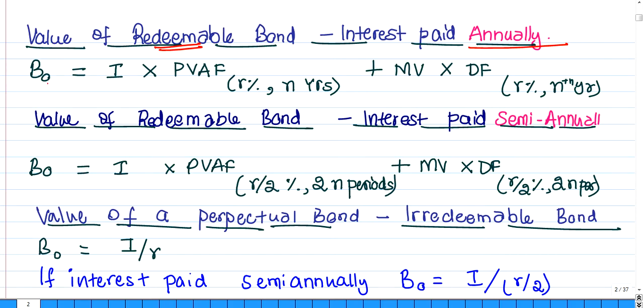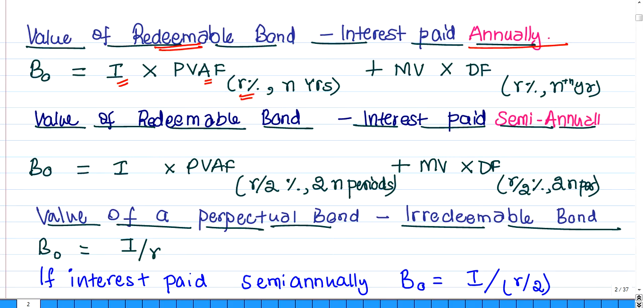B0, denoted as the valuation of the bond, is equal to I, which means regular interest, into the present value annuity factor. This is the interest as per the coupon rate. Why annuity factor? Because the interest is the same every year.